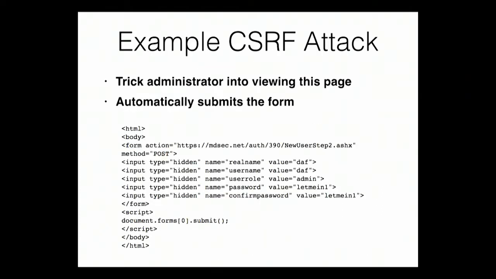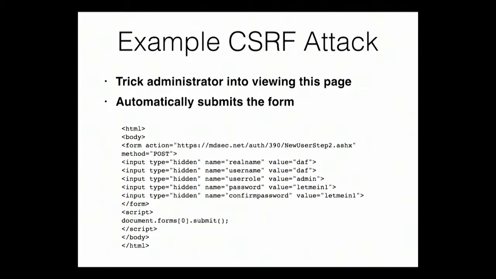So here's a cute one. You can make a page like this, and this page is an HTML document with a form, and the form has hidden fields that do everything, and it has a JavaScript command here which does document form submit. So as soon as it loads, it submits the page.